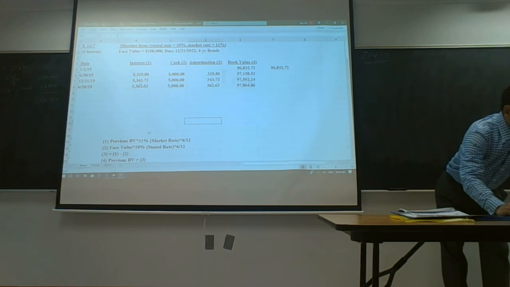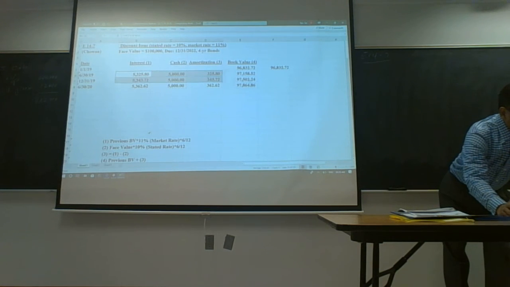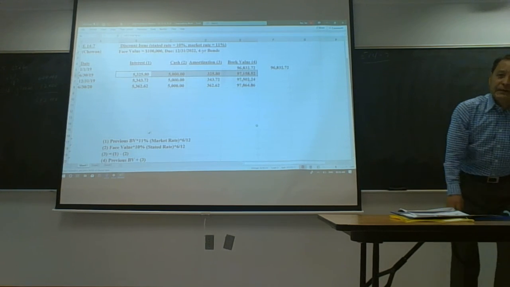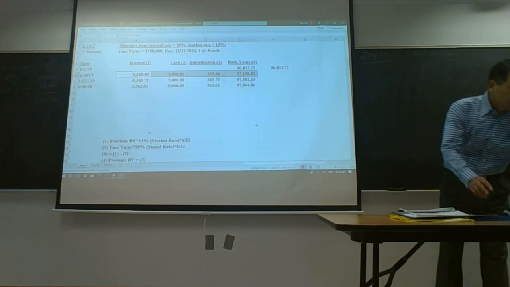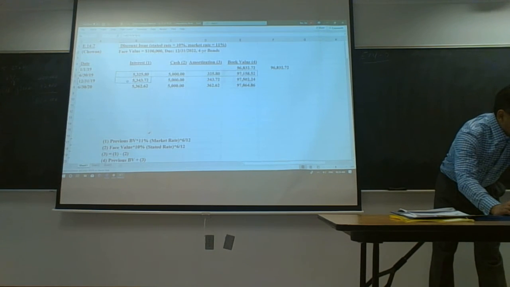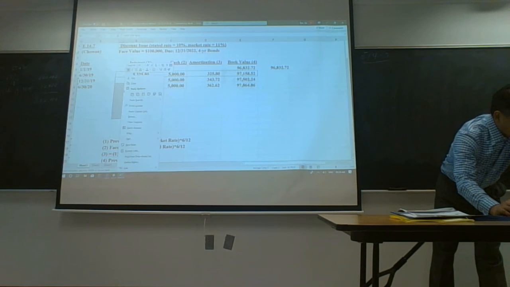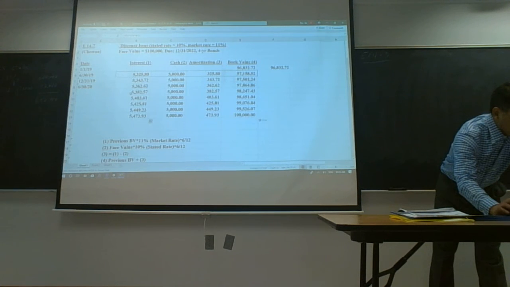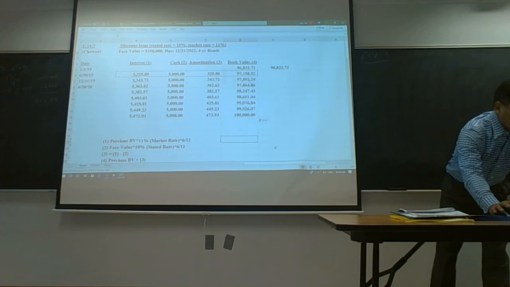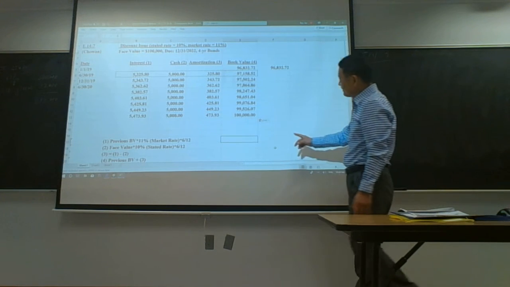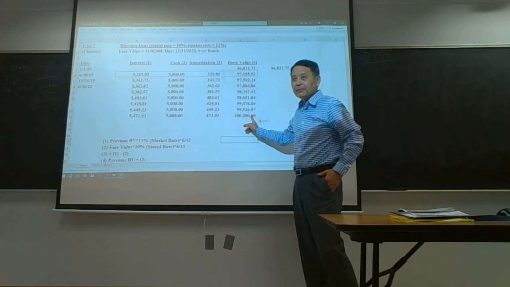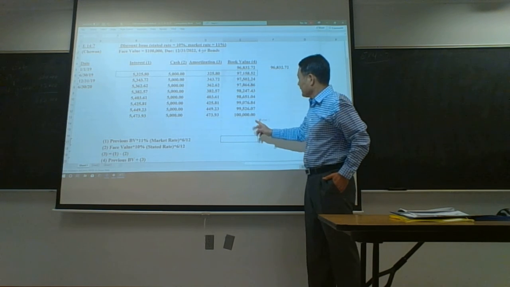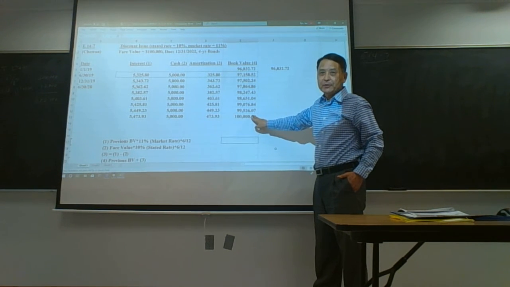Okay, so copy this row. Right click and copy, and select rows 2, 3, 4, 5, 6, 7, 8, right click, paste. So at the end of 4 years, book value of this bond is 100,000 at maturity.